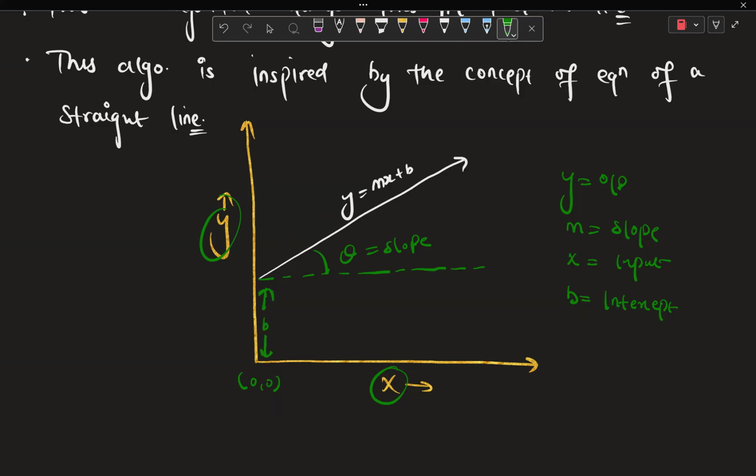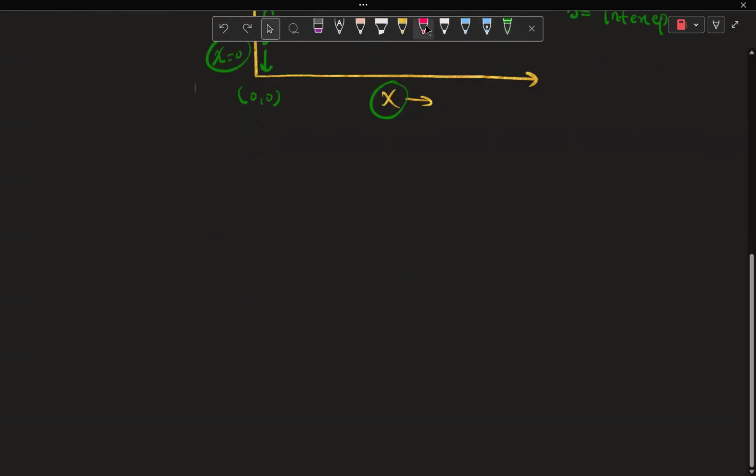The value of y when your x is what? 0. On the y-axis, your x is 0. So this distance is called what? Intercept. Let me just write it.